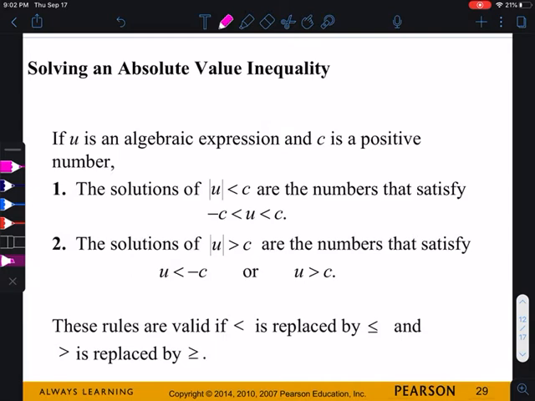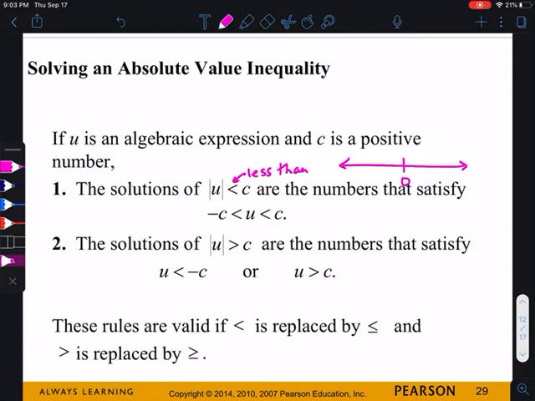Number 1 says the solutions of the absolute value of u is less than c are the numbers that satisfy negative c, or the opposite of c, is less than u, which is less than c. Now, if you think about that, we have a less than. And if we have a distance from 0, here's my 0.